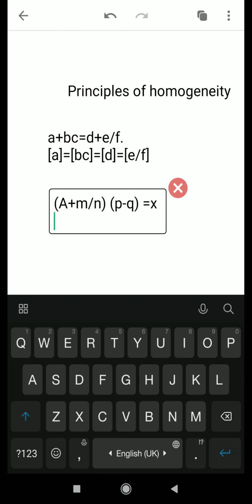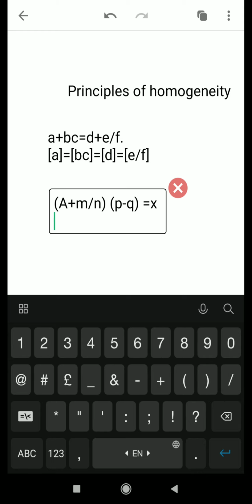You can tell that the dimensions of A equal the dimensions of m by n, and differently the dimensions of P equal the dimensions of Q.